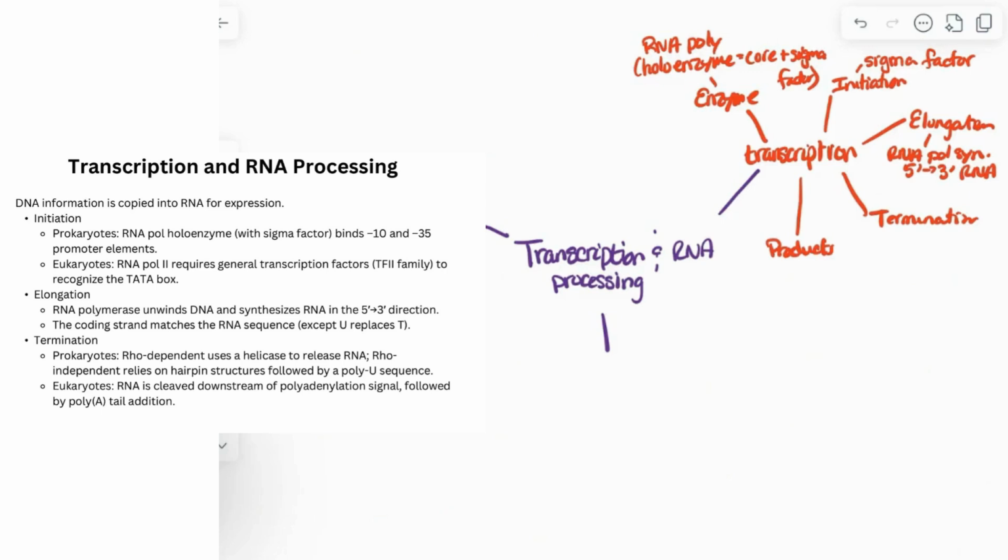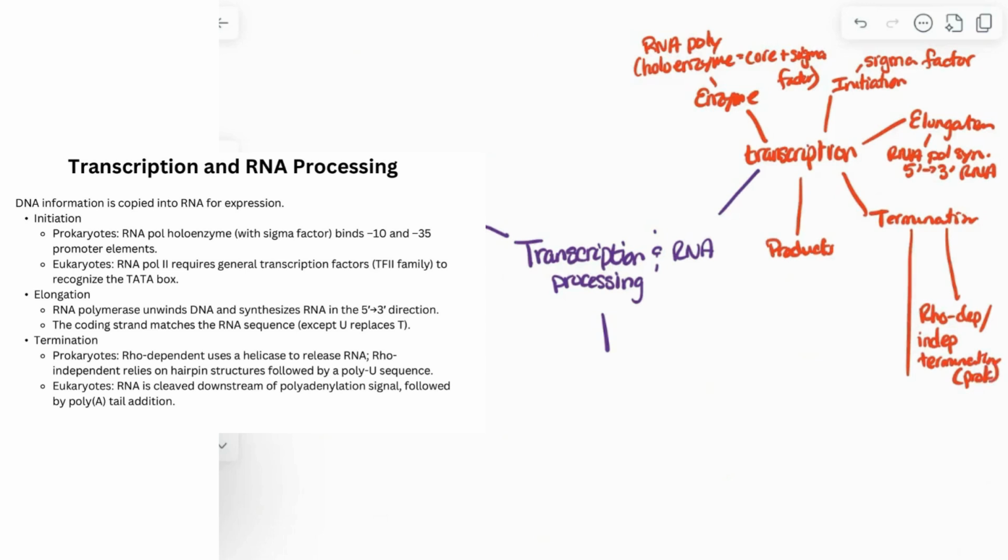Next one is termination. And here we have 2 coming from termination: Rho dependent and Rho independent, in prokaryotes.